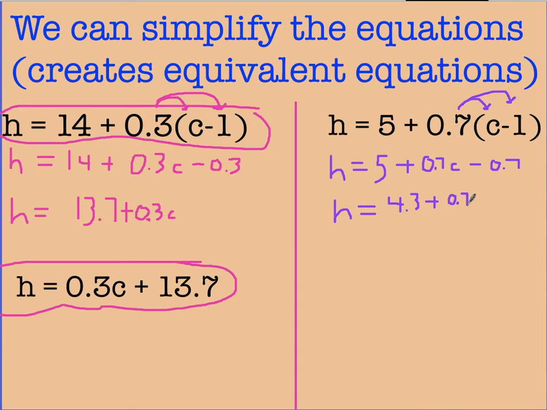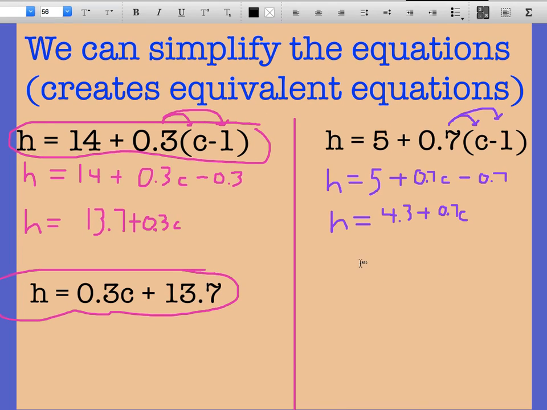And usually we'll want it in this kind of form, this slope-intercept form. And we usually write the variable first, so 0.7c plus 4.3.